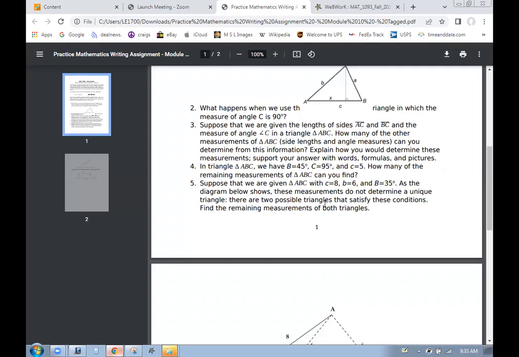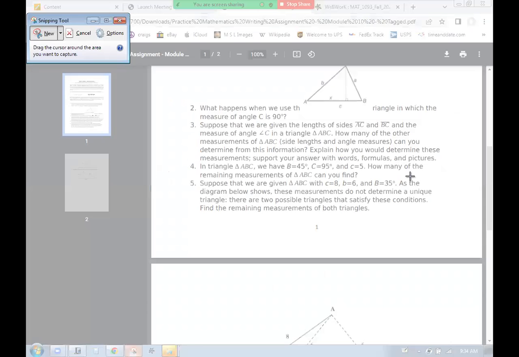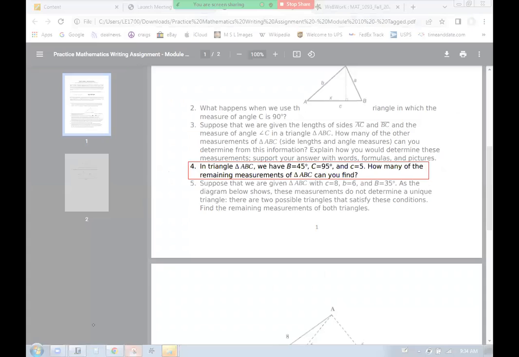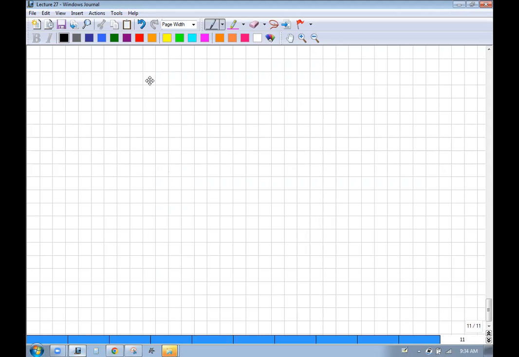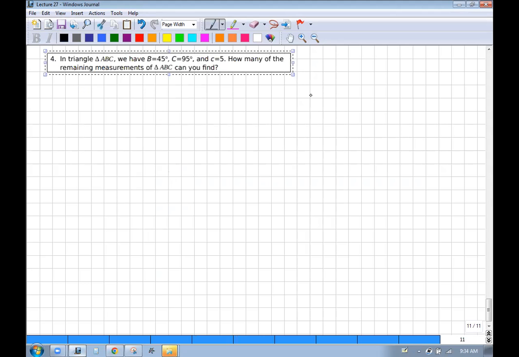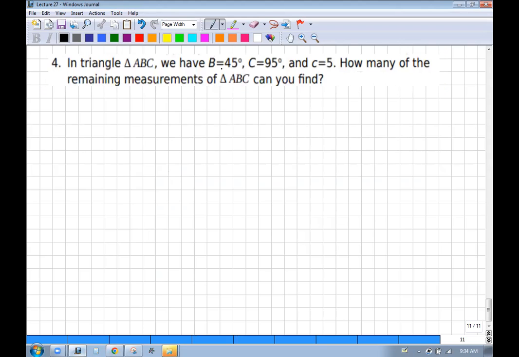That was number 3. Number 4 is going to be similar. In triangle ABC, all right, we're given 2 angles and a side.